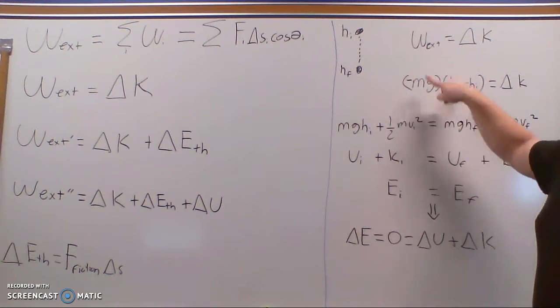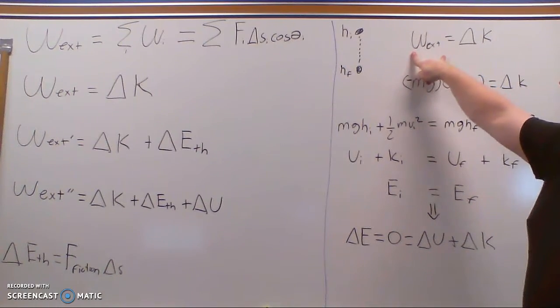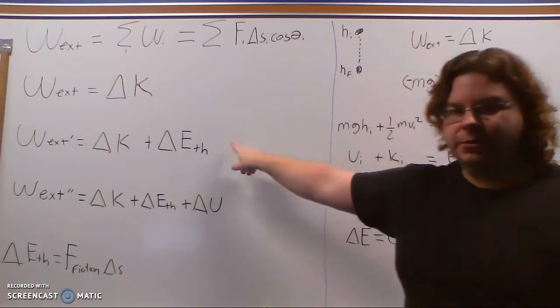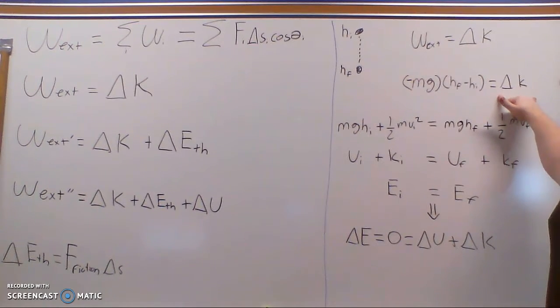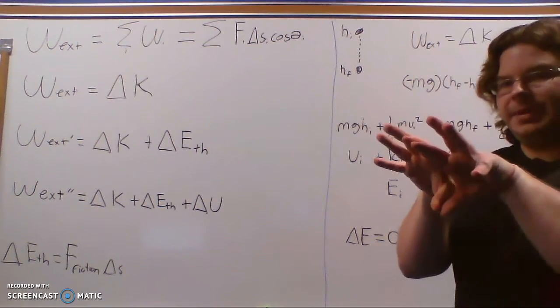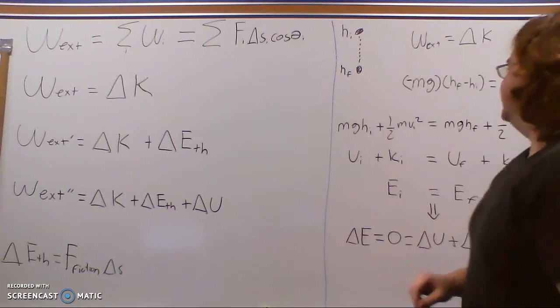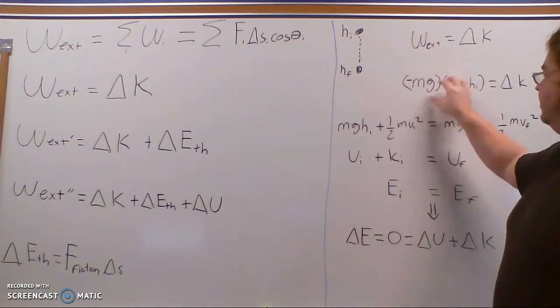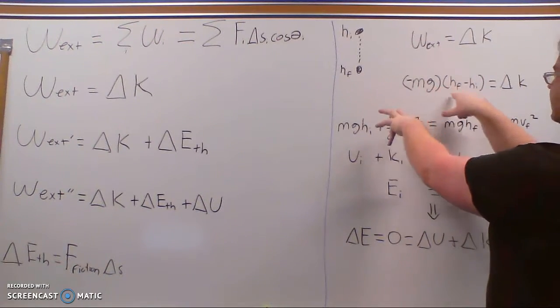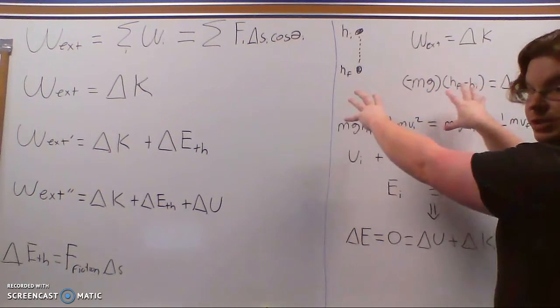And of course, there's no friction here we have to deal with at the moment, so that just means there's a certain change in the observed kinetic energy. Now we can take this whole term and break it apart. There's an h final and an h initial here, so I can take mg h final and mg h initial as two terms.